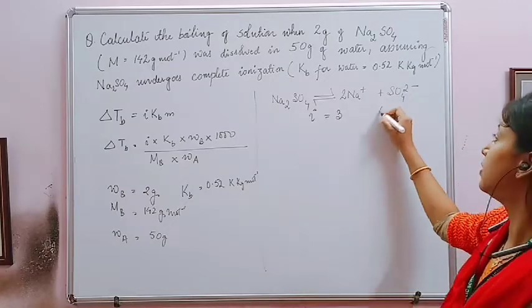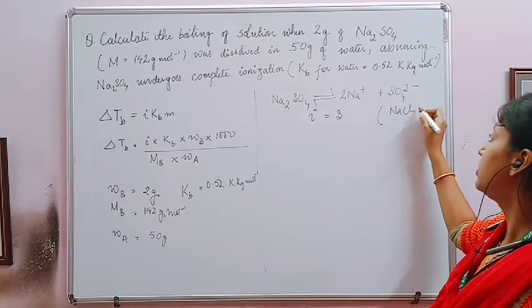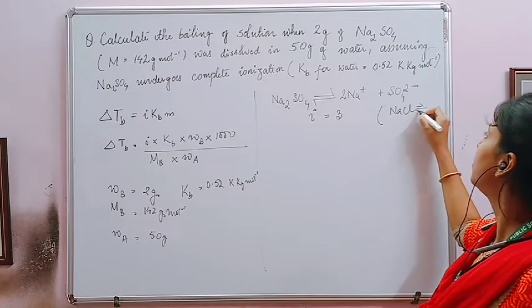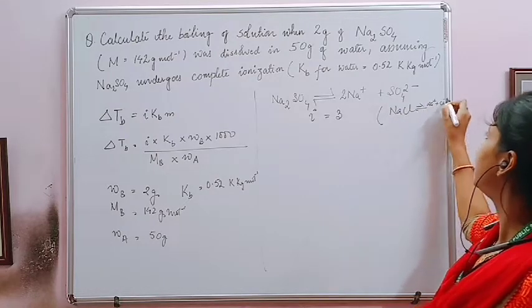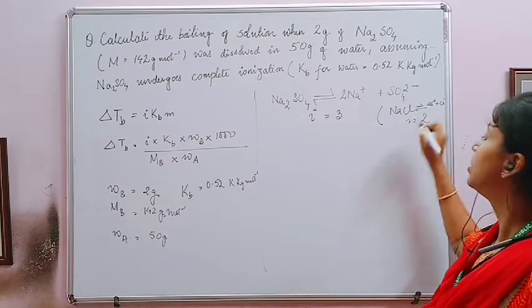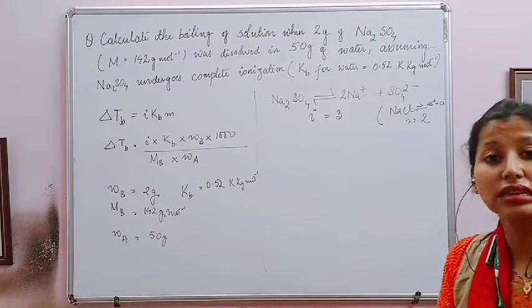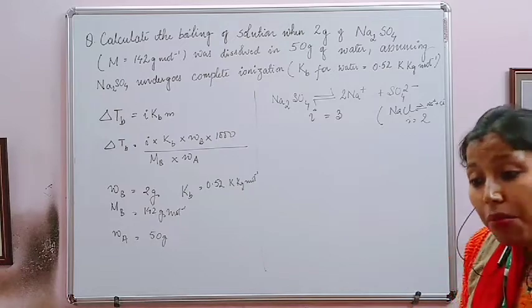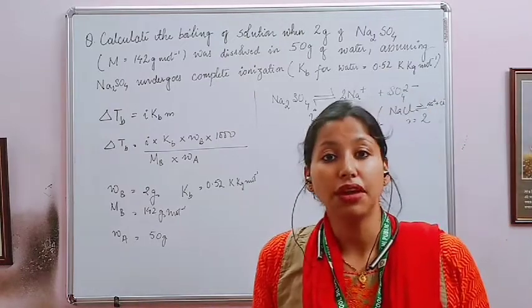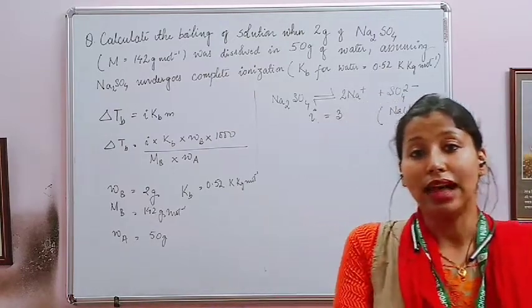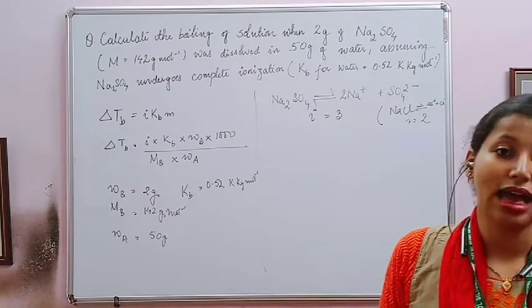If instead of sodium sulfate, NaCl was given to us, we know that this will dissociate to give Na+ and Cl-, so i will become 2 on complete dissociation. So the number of moles of ions that you get after dissociation, you need to count that and you get your value of i.